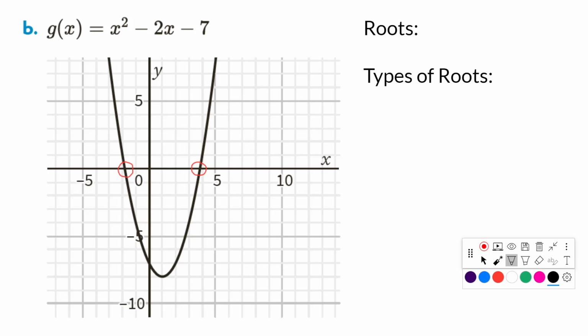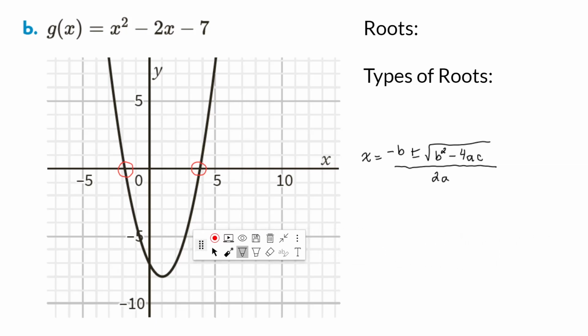The quadratic formula is x equals the opposite of b, plus or minus the square root of b squared minus 4ac, and all of that, including the -b plus or minus, is written over 2a. So now I need to identify the a value, the b value, and the c value of my quadratic.